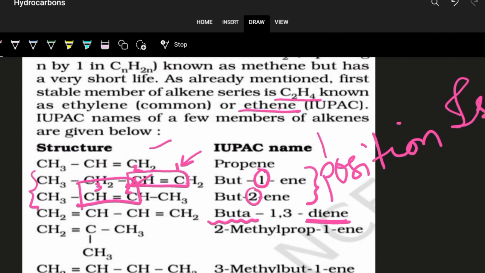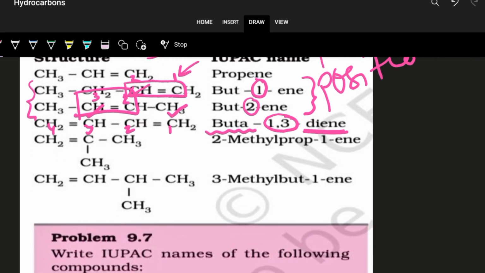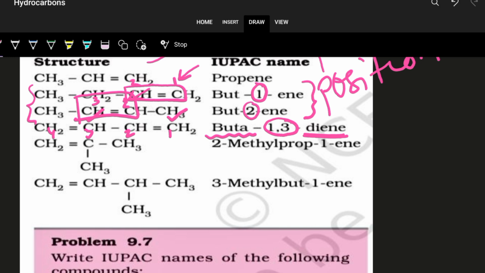Numbers will be 1, 2, 3, 4. So the double bond is between 1 and 2, so the position is 1. Between 3 and 4, so the position is 3. So buta-1,3-diene. As if in a butane system, the diene, that means the ene, is present as a substituent. So buta-1,3-diene.